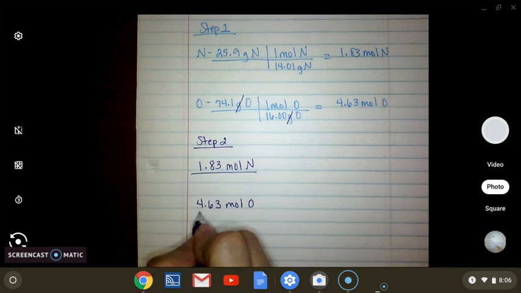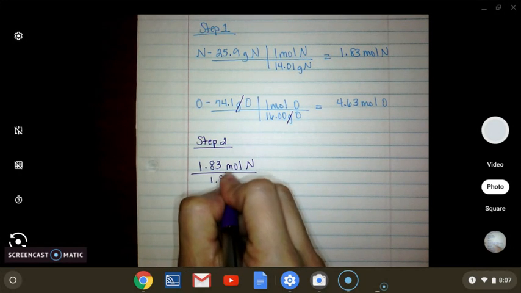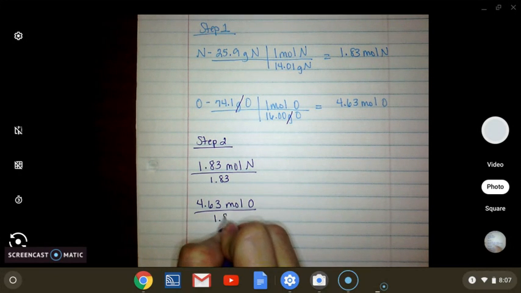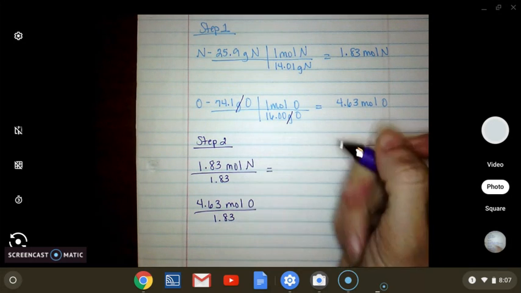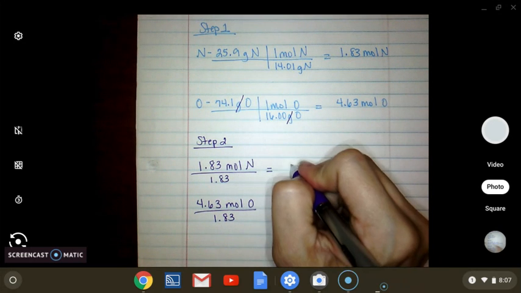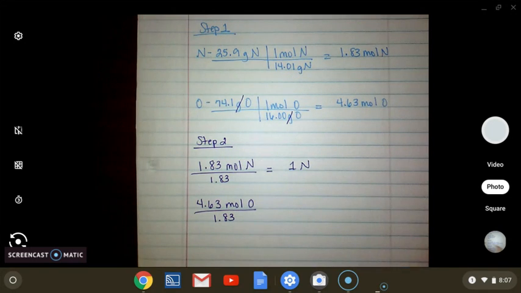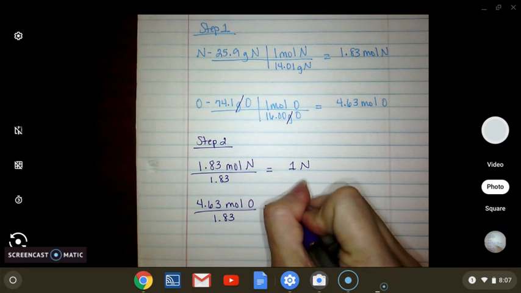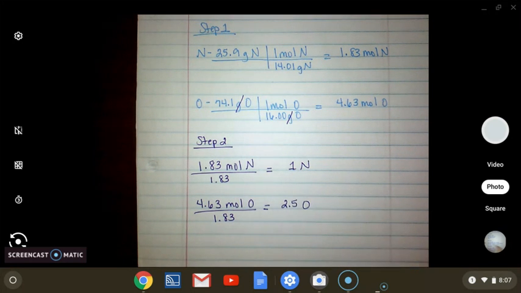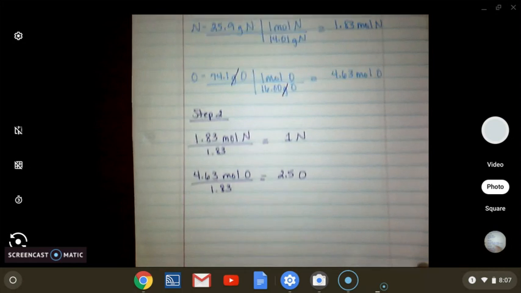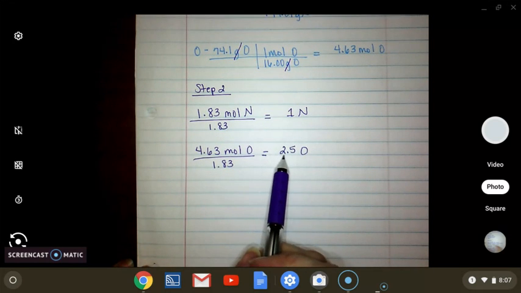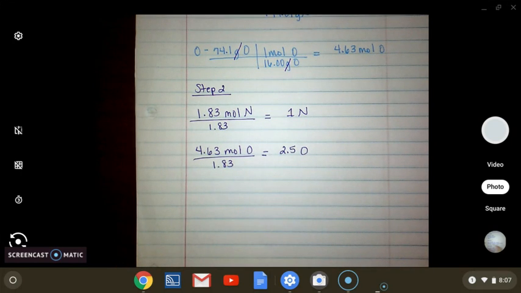And again, divide by the smallest one. So 1.83 is your smallest. And obviously, dividing that one out, you get 1. So you get 1 nitrogen. Whenever you divide this one, you get 2.5 oxygen. All right, so right here we know that we've got to make this a whole number. So that's going to be step 3.